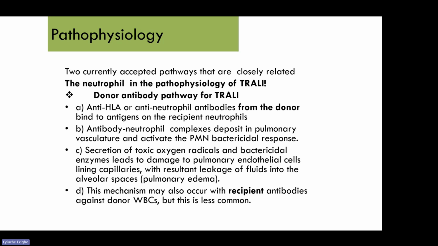Neutrophils play a very significant role in the development of TRALI. We have the donor antibody pathway for TRALI. Here the anti-HLA or anti-neutrophil antibodies from the donor bind to antigens on the recipient's neutrophils.